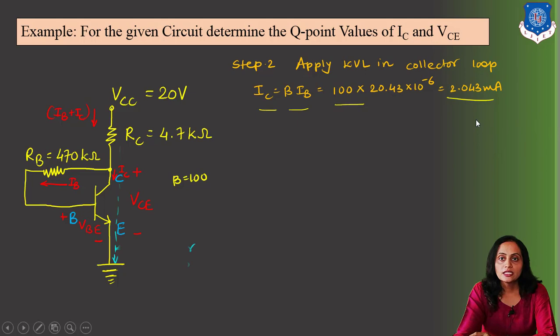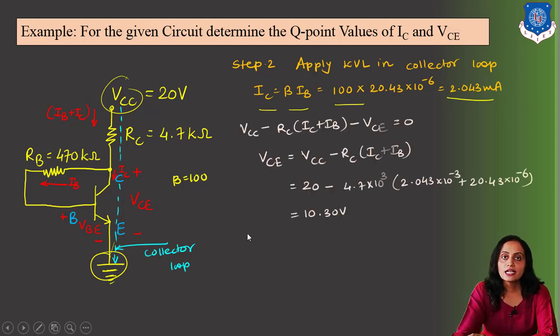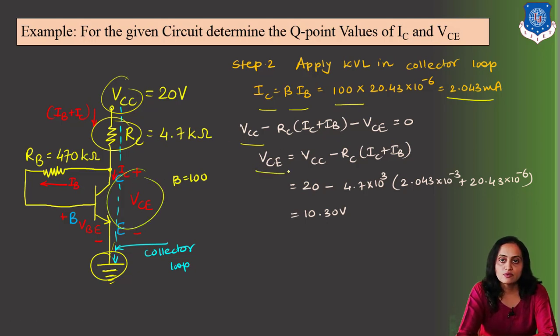Now we will apply KVL in the collector loop, that is from VCC to ground, and we will calculate the VCE. Applying the KVL, we get VCC minus the drop across RC, that is RC into IC plus IB, minus VCE.